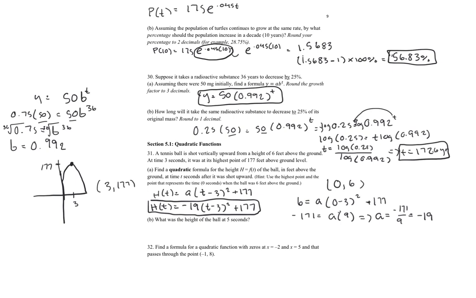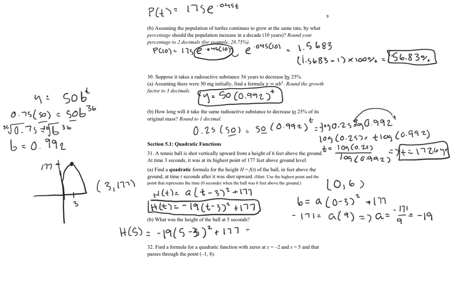So on part B, it asks for the height of the ball at 5 seconds. So we're just taking the equation we came up with and finding it when t equals 5. We're just finding h of 5 here. That's going to be negative 19 times 5 minus 3 squared plus 177.